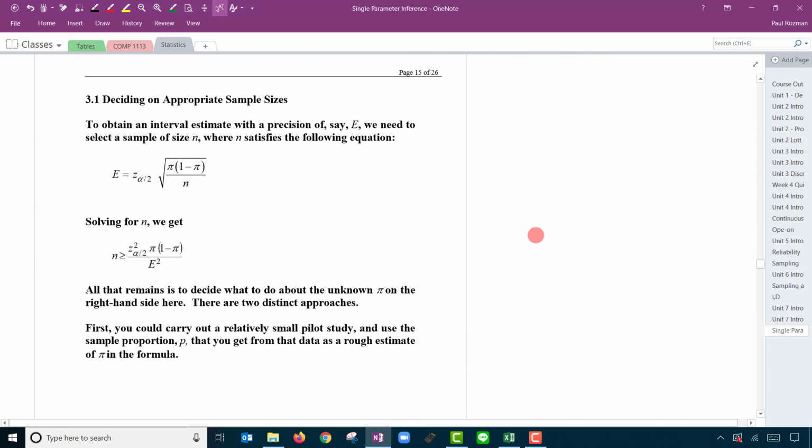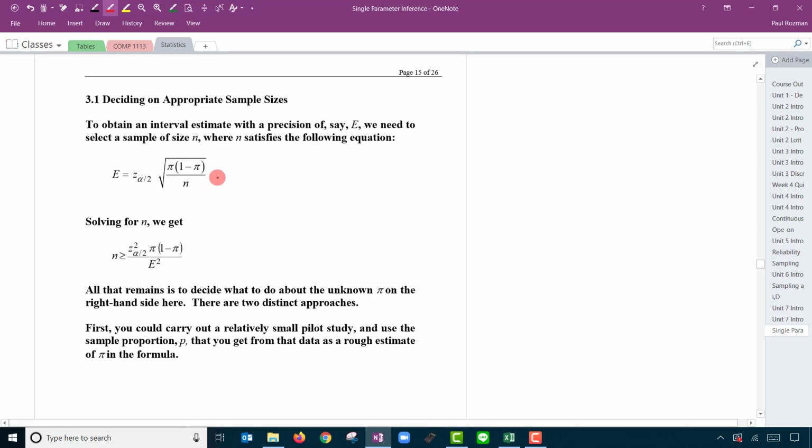Remember when we were doing the mean, we came up with a way to estimate sample size. Basically, what do you do if you haven't collected any data yet? You can come up with a lower bound for what sample size you need in order to achieve a certain amount of error.